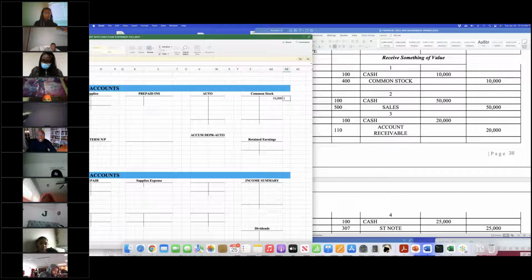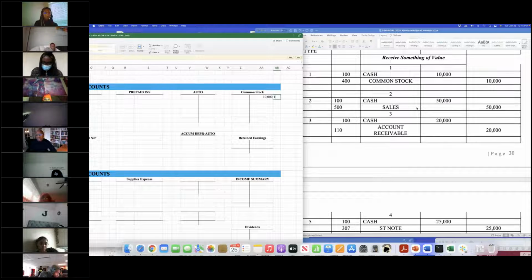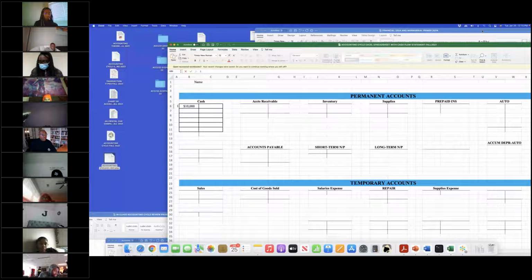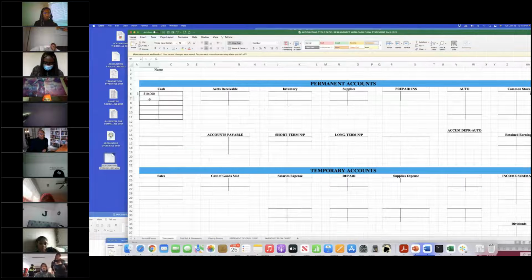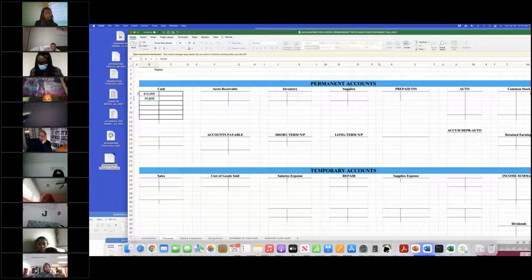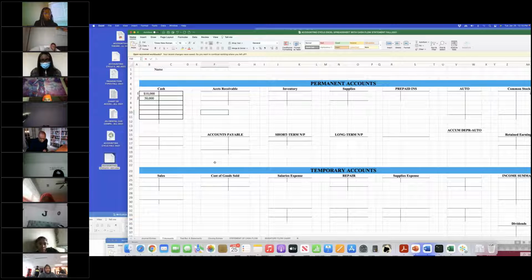We debited cash and credited sales. We go to the cash account and put 50,000 in from journal entry 2, and then go down to sales and put 50,000 in.